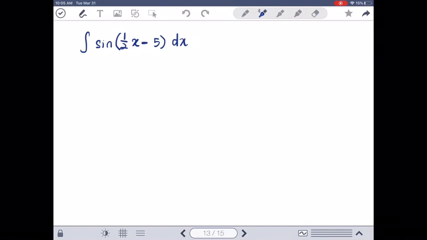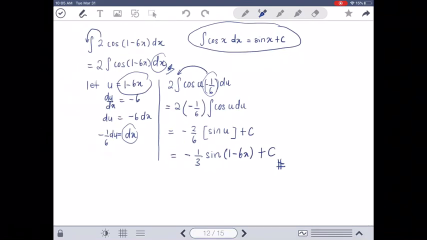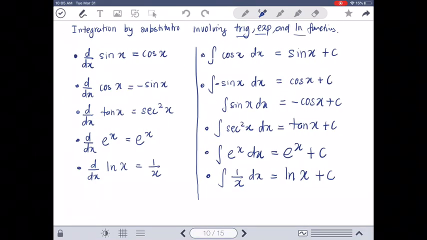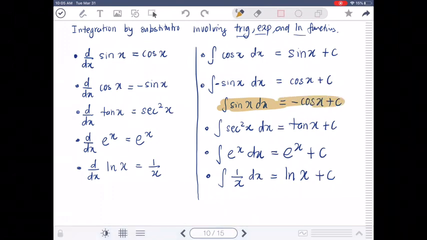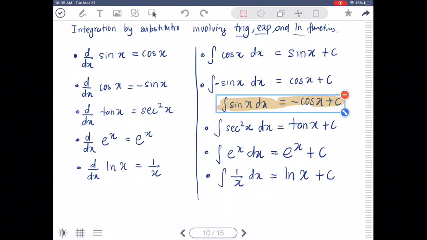Okay, let's have a look at one more example. From the formula that we learned before, integration of sin x dx will produce negative cos x plus c.